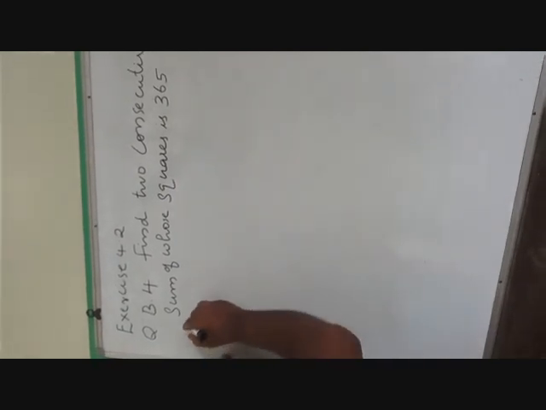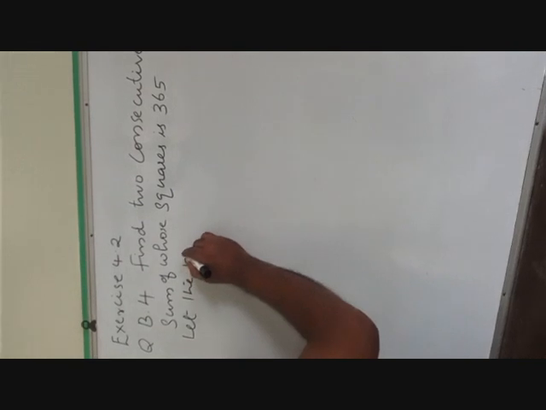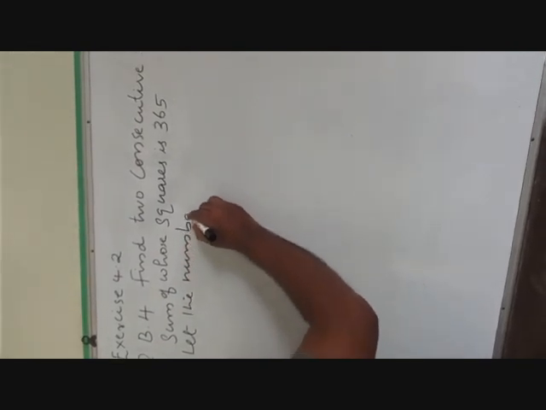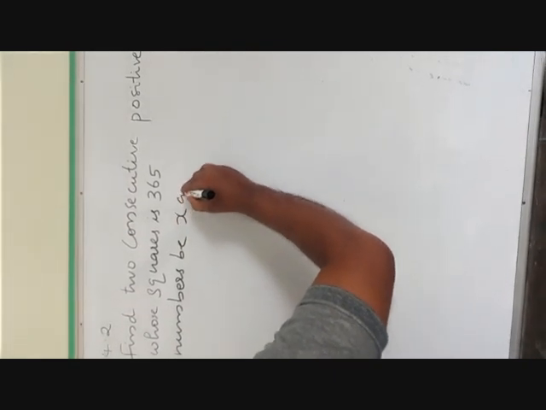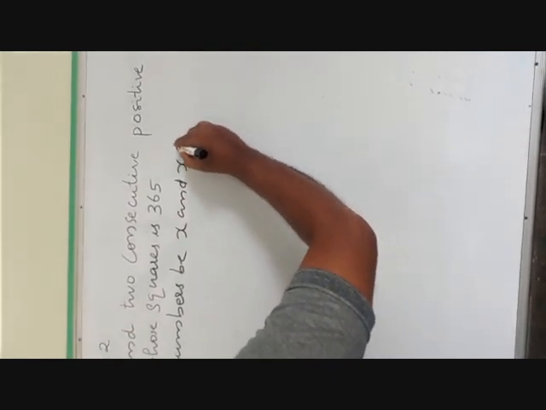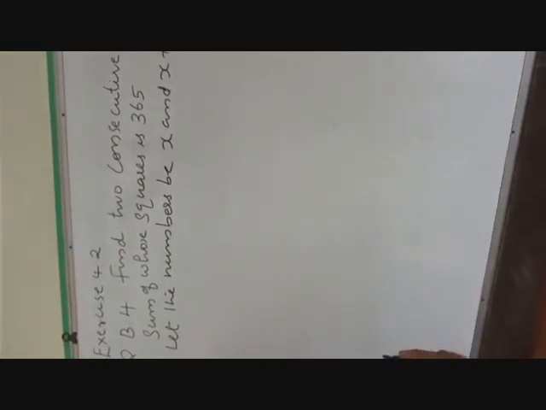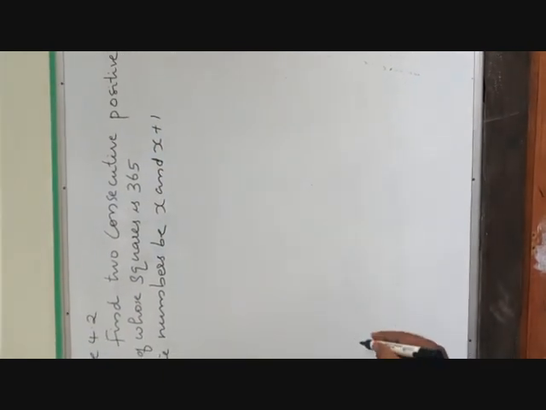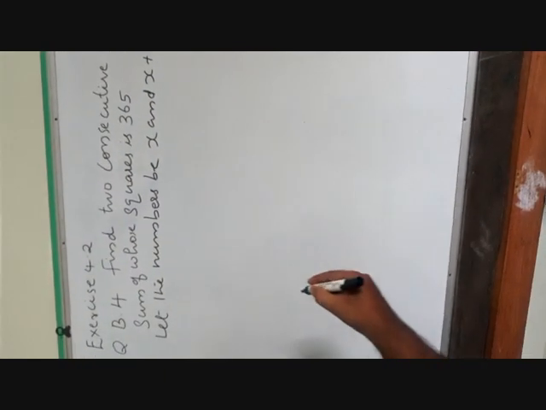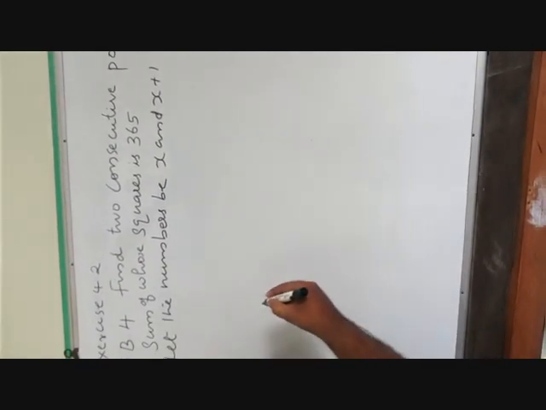Here we can write, let the numbers be x and x plus 1. These are the positive integers we can write as x and x plus 1. It is given that the sum of their squares is equal to 365.